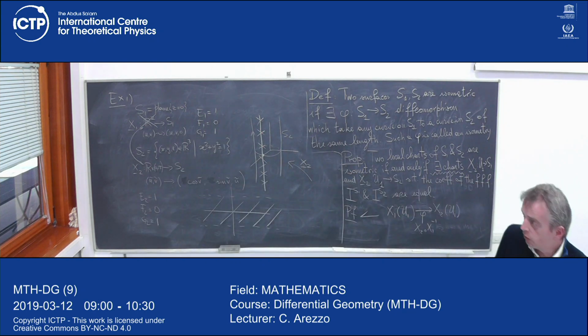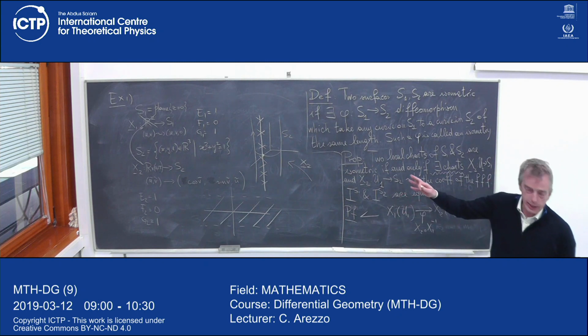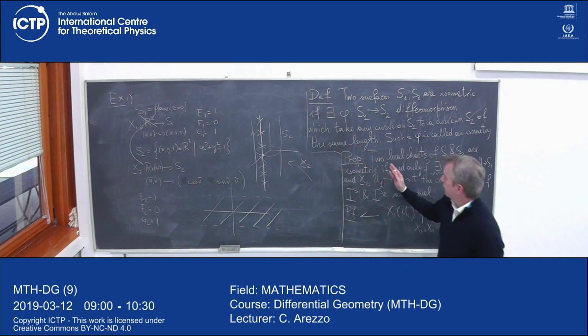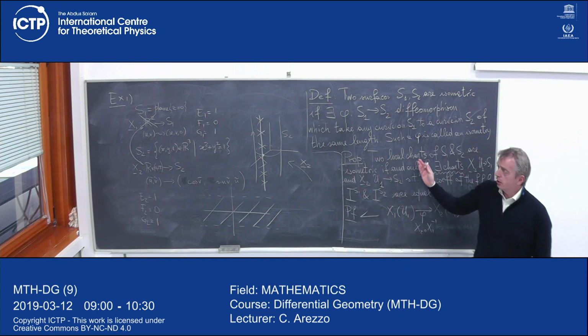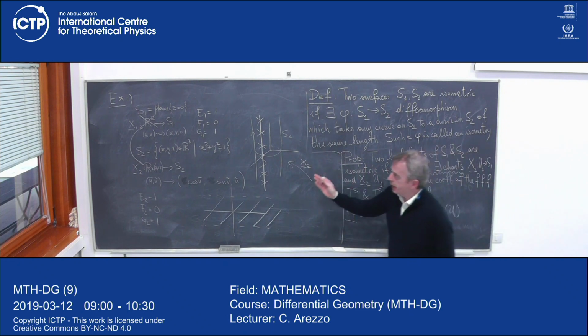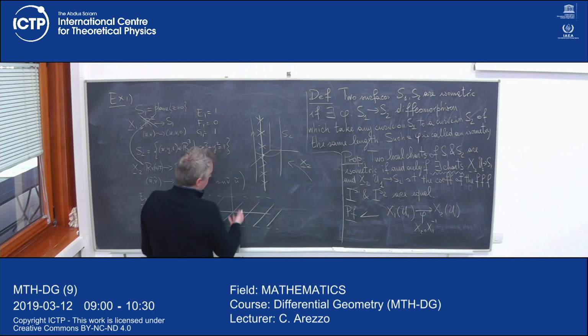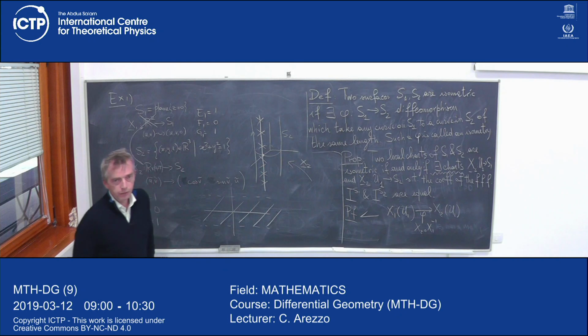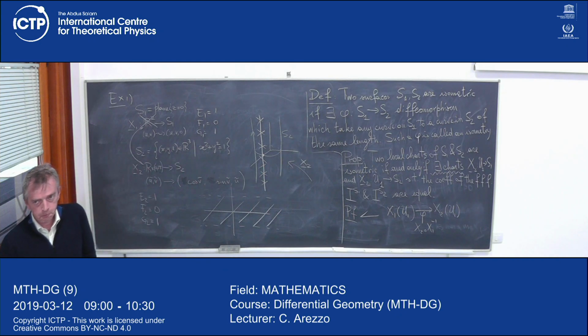Of course, this also shows that being locally isometric is very different from being globally isometric. Because are the plane, or any piece of the plane, and the cylinder globally isometric?